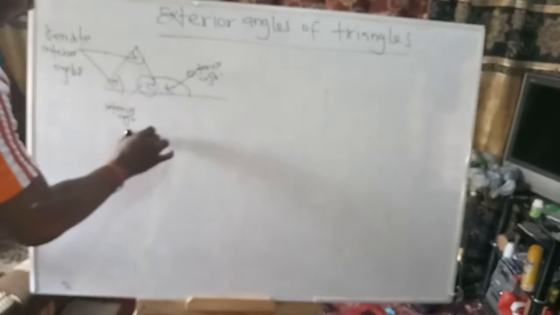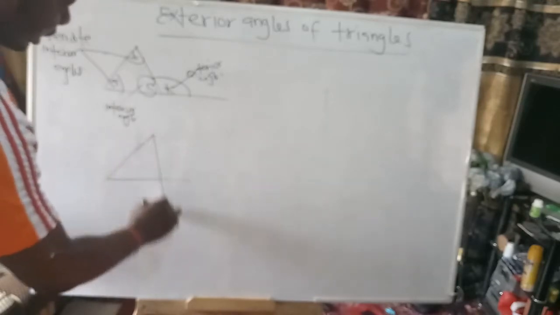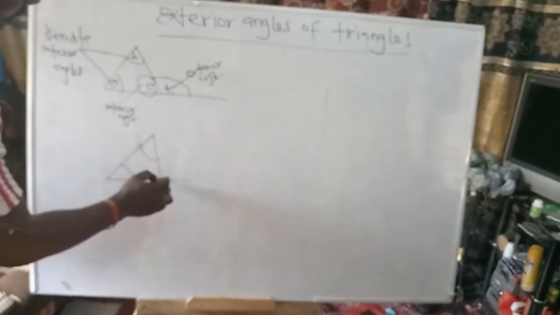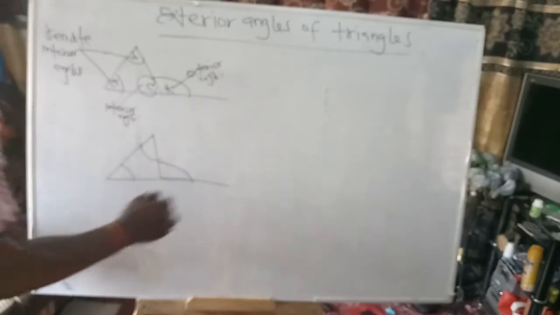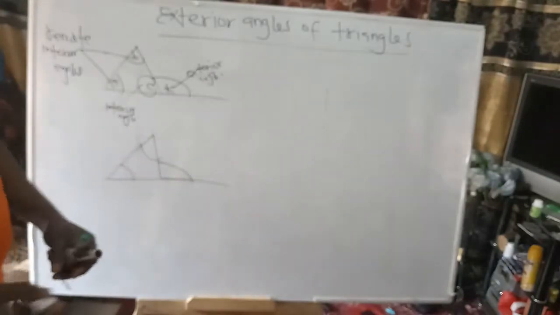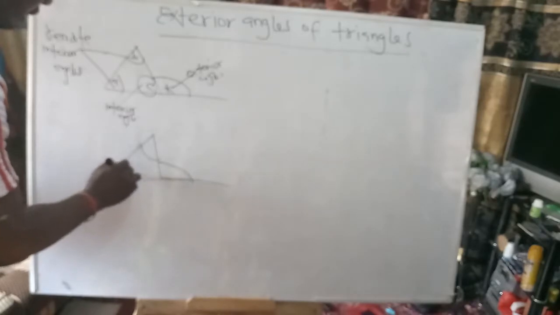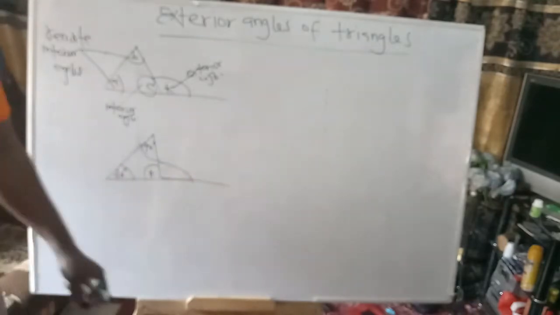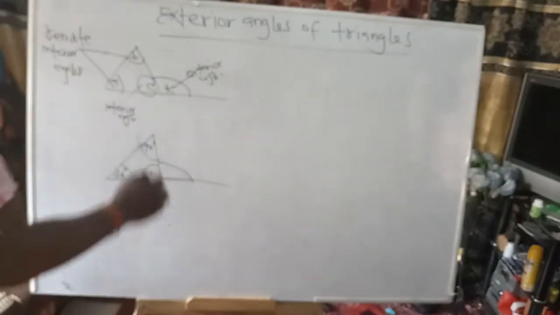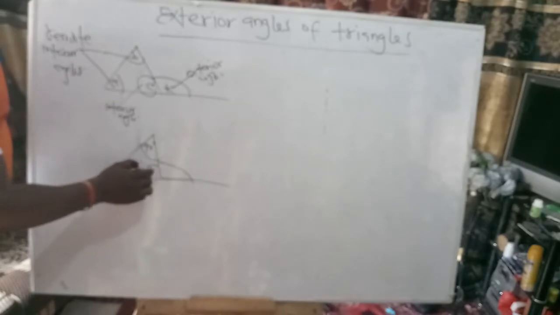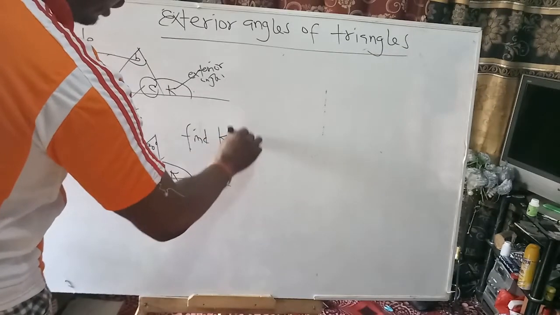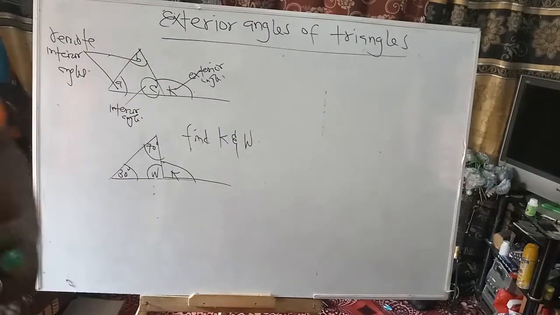When we have this diagram, where we have 30 degrees here, 70 degrees here, let me consider this one to be W, and this one to be K. Then they asked us to find K and W.